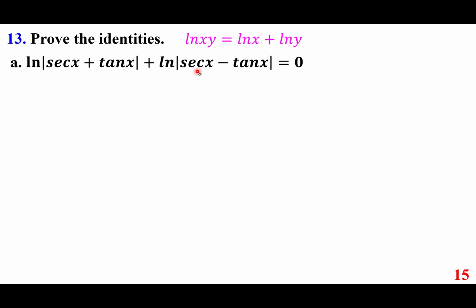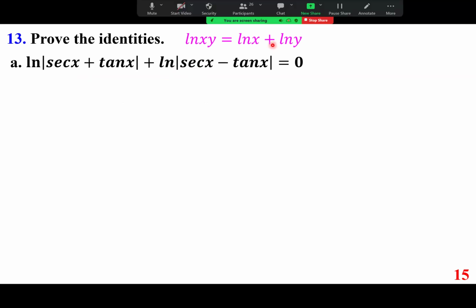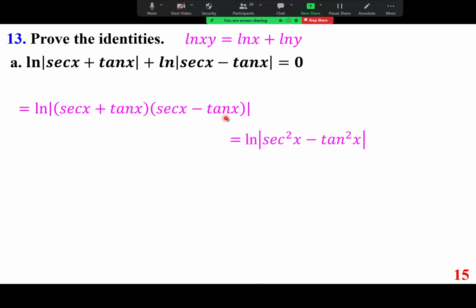And therefore, we can go from right to left and write ln of this times that. So ln of secant x plus tan x times secant x minus tan x in an absolute value, which gives you secant squared minus tan squared. So this is using a logarithmic property. Now, what is secant squared minus tan squared?